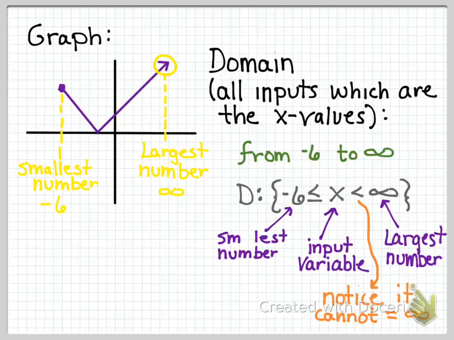And you'd always use the less than symbol, but you'd have to think about, is it equal to or is it not equal to? So looking at our graph, you can see that it is definitely equal to -6, but you can never equal infinity. So we'd write this as the domain is a set of numbers which ranges from -6 to positive infinity.